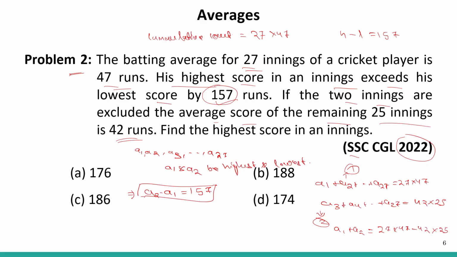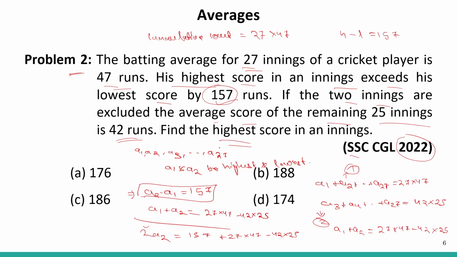Given that A1 plus A2 is known here, that is 27 into 47 minus 42 into 25, by adding these two, what we are left with, by cancelling A1, is 2A2 equal to 157 plus 27 into 47 minus 42 into 25. So we can evaluate A2 here and A1 here. We want to calculate the highest score.